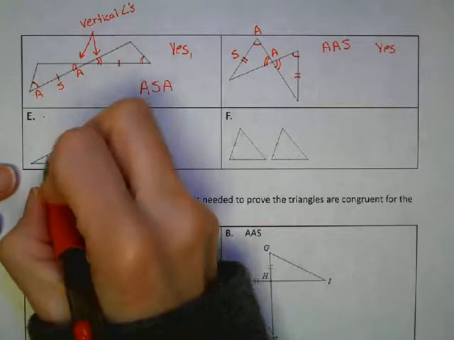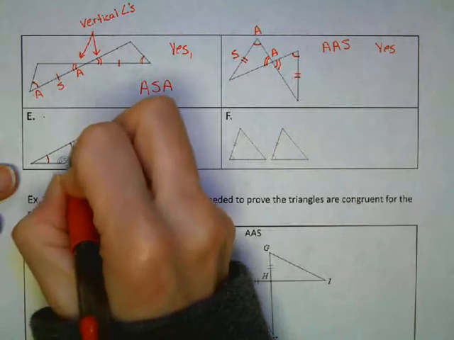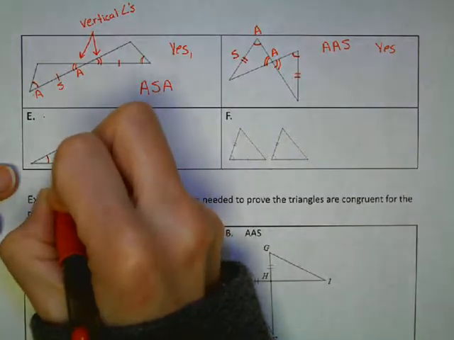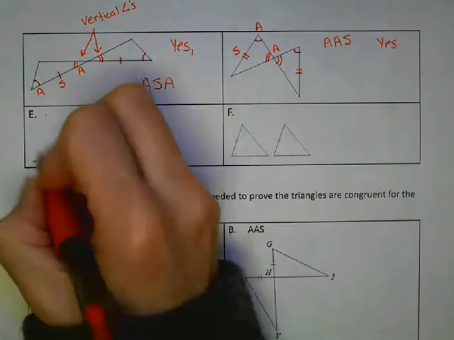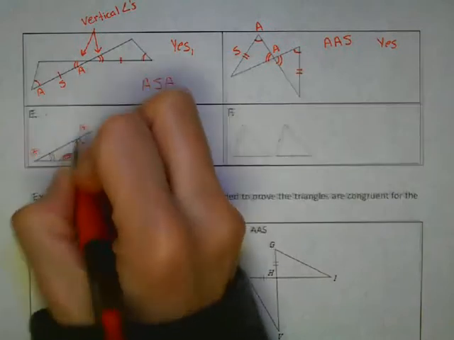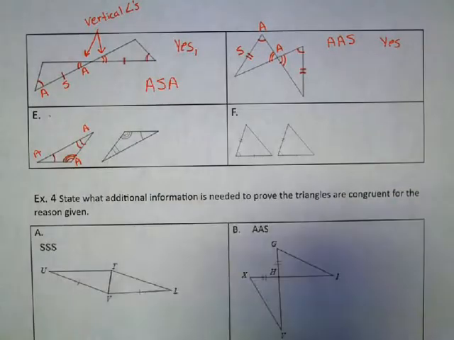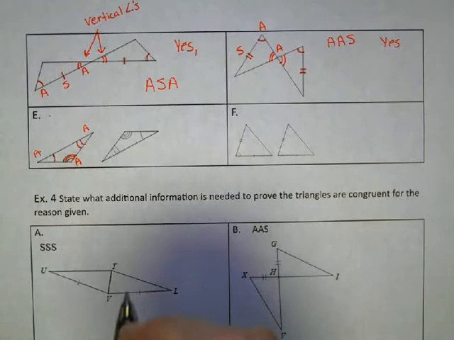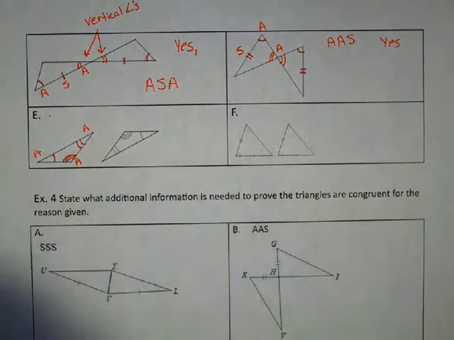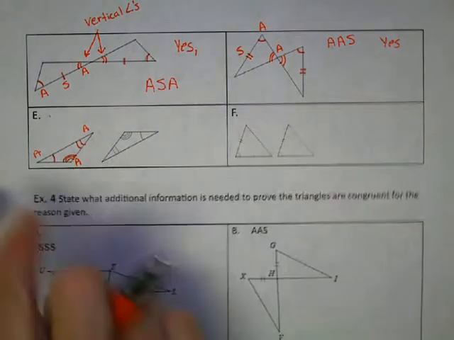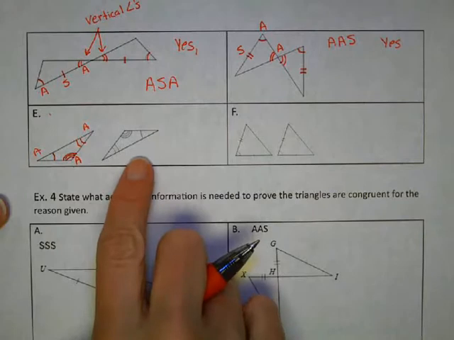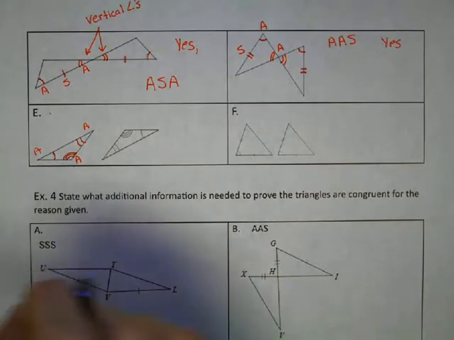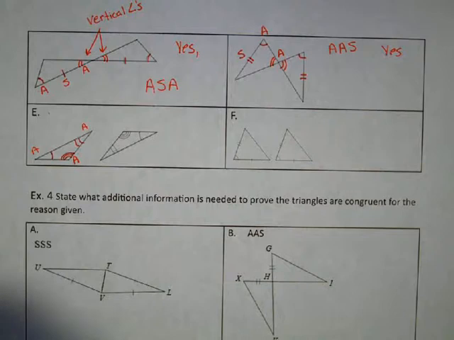Okay, this one. This one, you have 3 angles. And 3 angles is not a choice because something can have all the same angles that match up with something else that has all the same angles, but they don't have to be the same size. If you think about an equilateral triangle, there's lots of equilateral triangles that are not the same size.